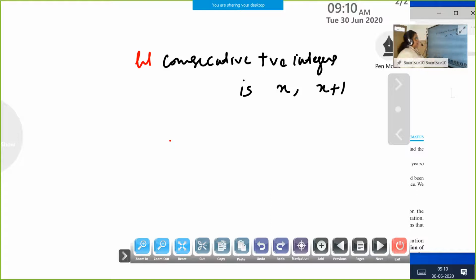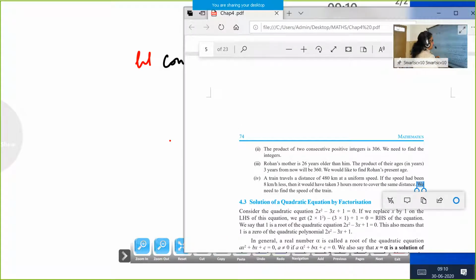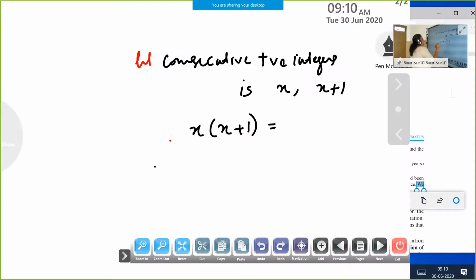We take that x, x plus 1. The product x into x plus 1 is equal to 306.